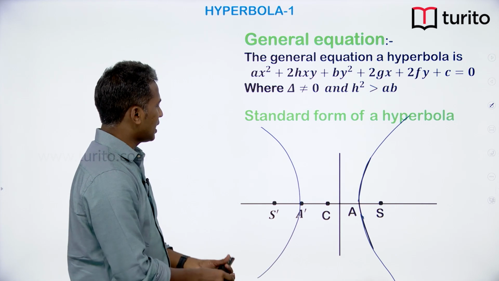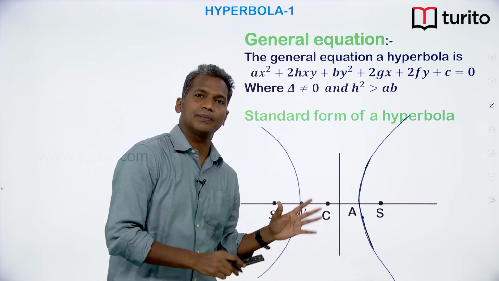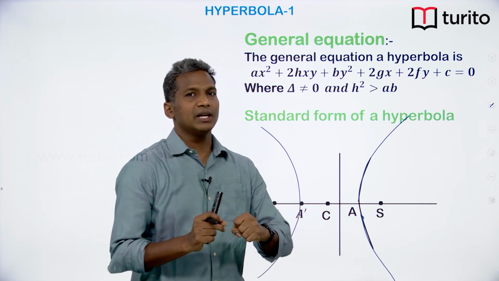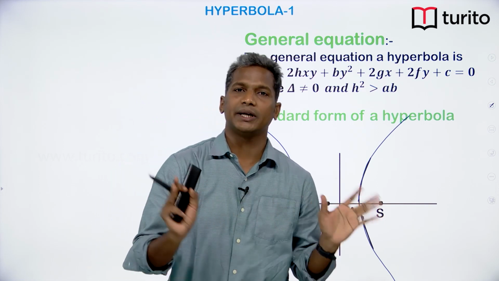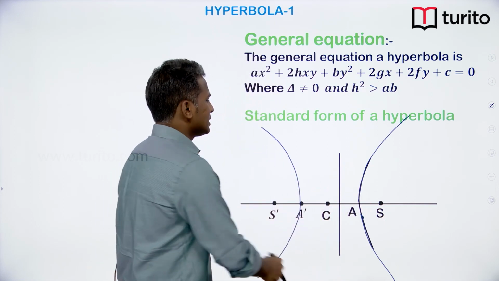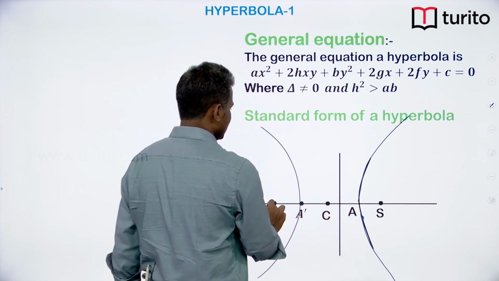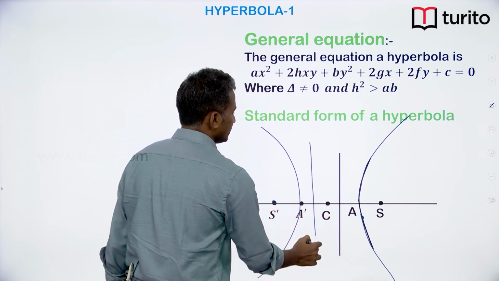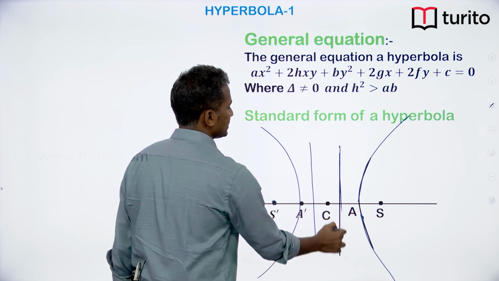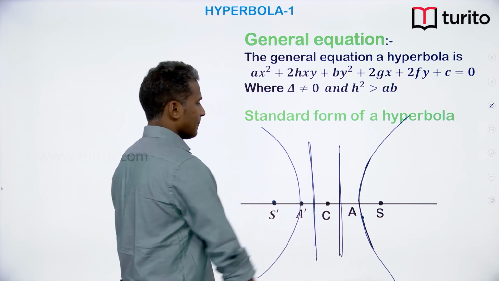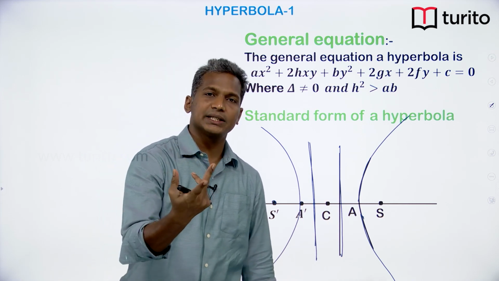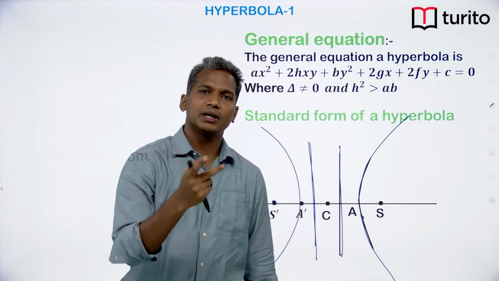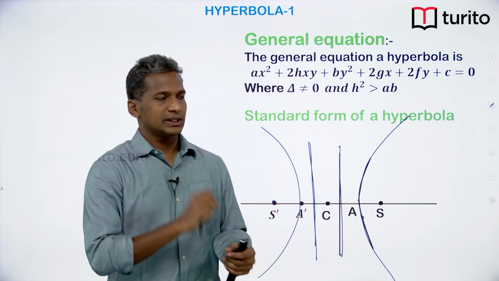So there are two branches of hyperbola, and these two branches will never meet. S is one focus, S dash is the other focus. There will also be another directrix here. There is one directrix here, and another directrix here. There are two directrices, two foci, and two vertices.